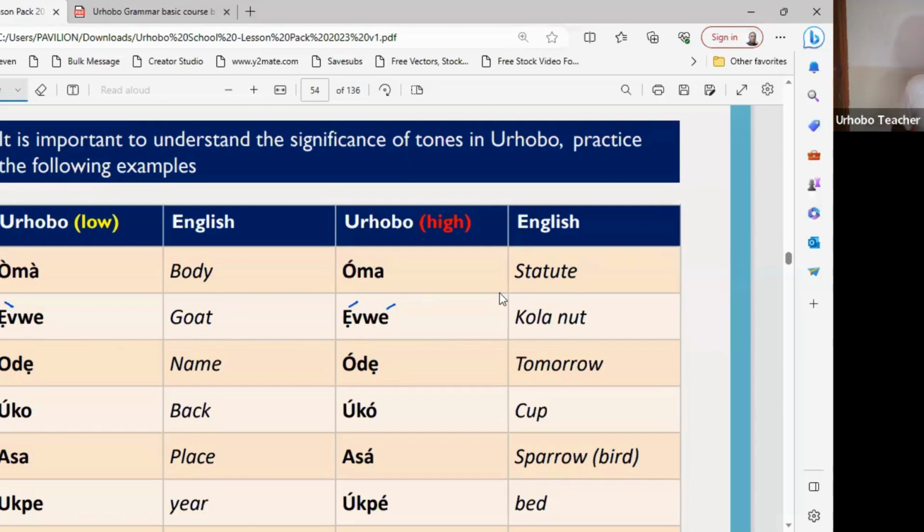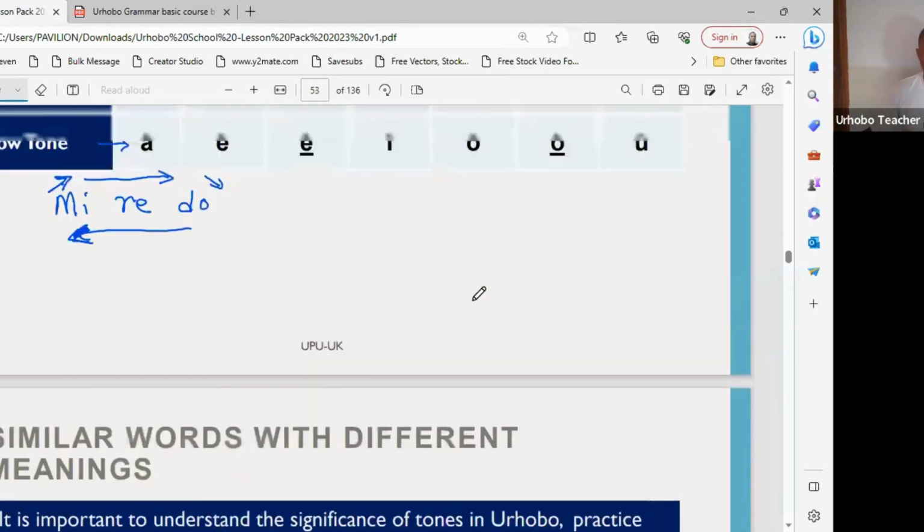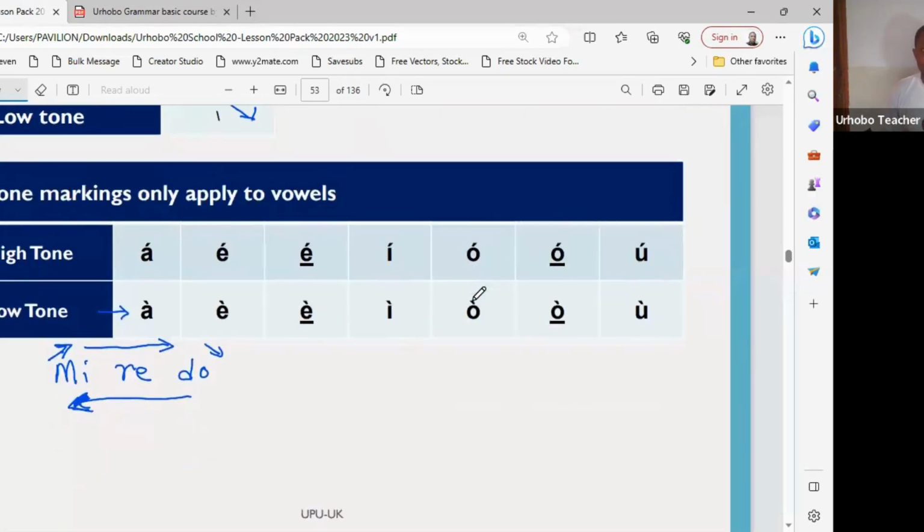Okay, so somebody help us to pronounce this third one. Before then, let's go back. Let's not go too fast.